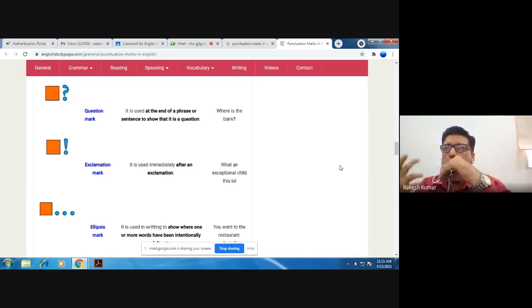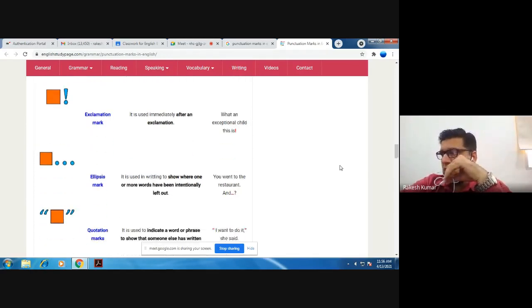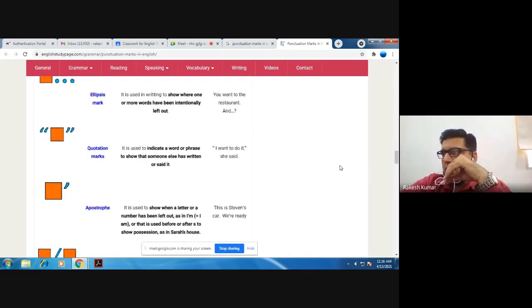It means you are happy from inside, and you want to adore that, to admire that. In that situation, you are very happy. So in that case, you can apply an exclamation mark. What an exceptional child this is, then you apply this mark. So it shows what your mood was at that time.